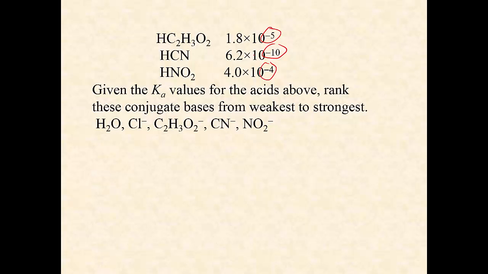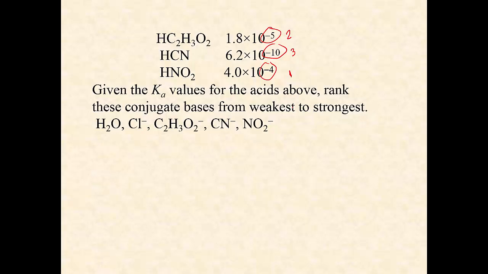This is the weakest acid, so it is going to have the strongest conjugate base. So from these three, HNO2 is going to be the strongest, and then you would have acetic, and then you would have your cyanide ion.